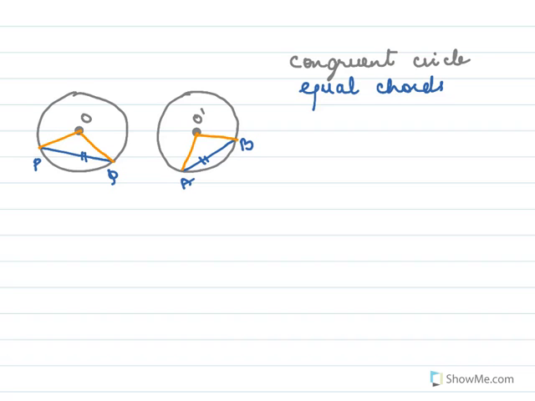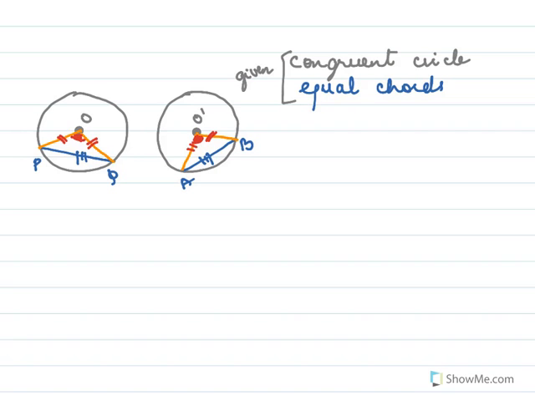We have to show that these angles are equal. So all you do is OP equal to OQ, congruent circles, and so by SSS test the triangles are congruent, and if the triangles are congruent you can say the angles also are equal.